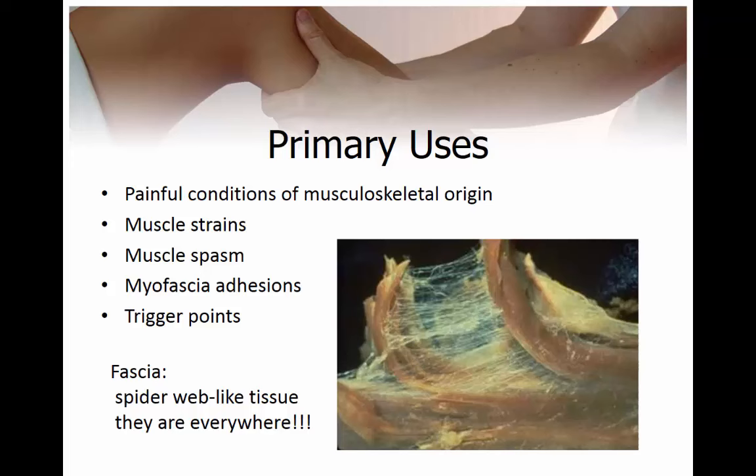Fascia is consequently flexible and is able to resist great unidirectional tension forces until the wavy pattern of fibers has been straightened out by the pulling force. These collagen fibers are produced by the fibroblasts that are located within the fascia. Fascia is located pretty much everywhere in the entire body and has a spider web-like appearance.